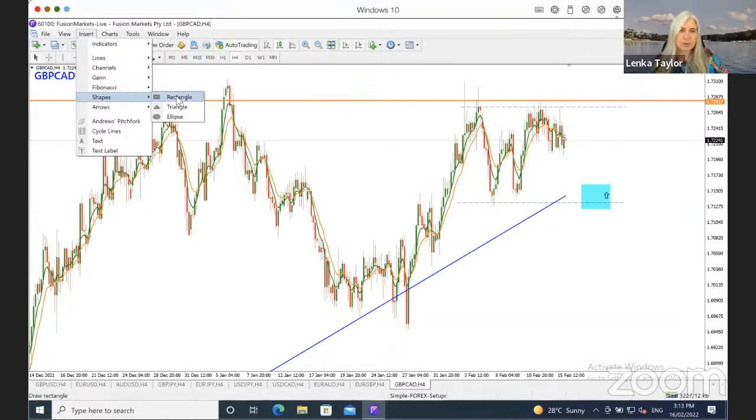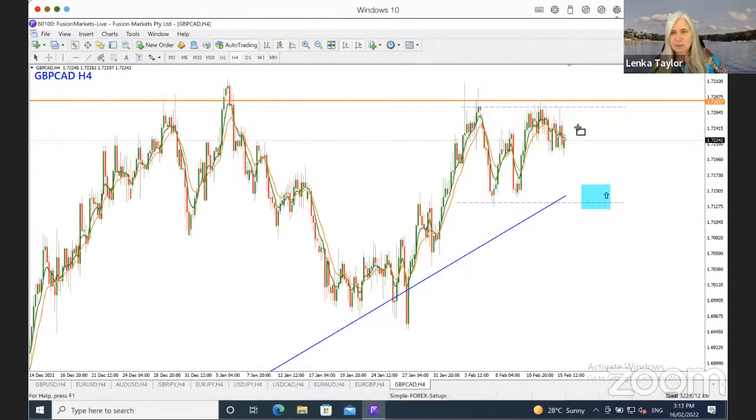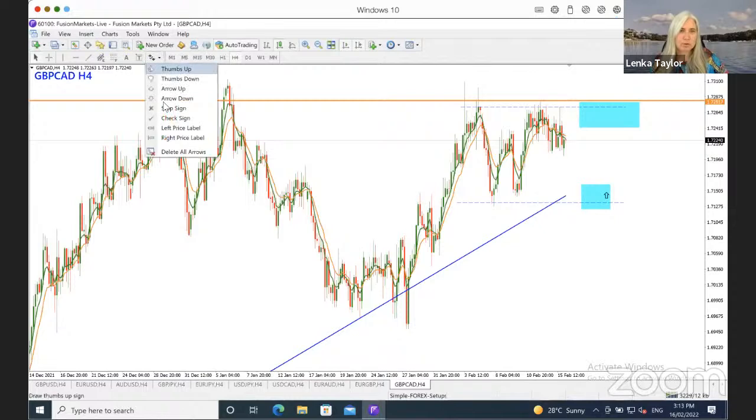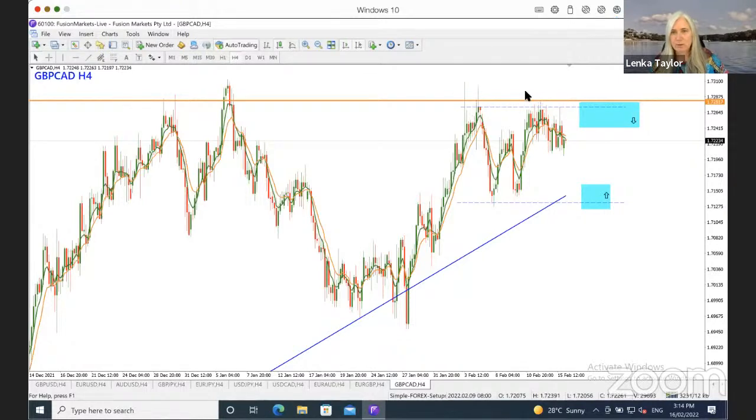It would probably need to be somewhere there for the short, because you would want to have your stop loss above at least this week, if not all those weeks.